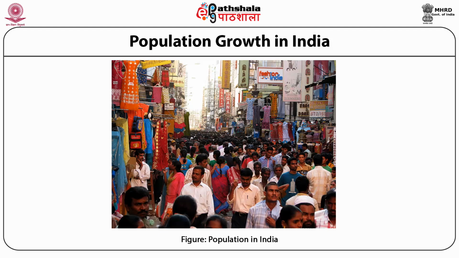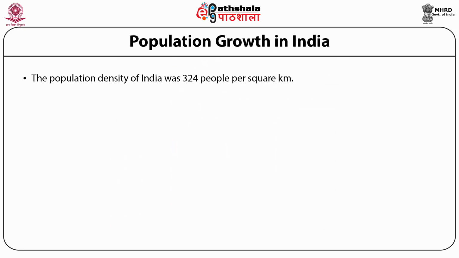The population and sex ratio of India from 1901 to 2001 on the basis of census taken every 10 years. The population density of India was 324 people per square kilometer.